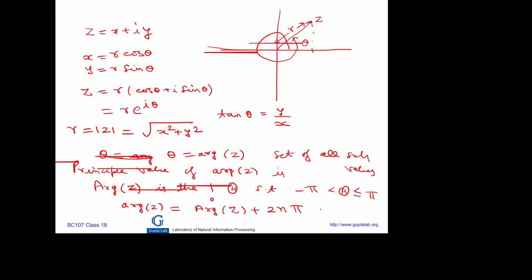Okay. And I think this also tells you why there is only one infinity in the complex plane, if you can think about that. Anyway, so that is about argument of z.